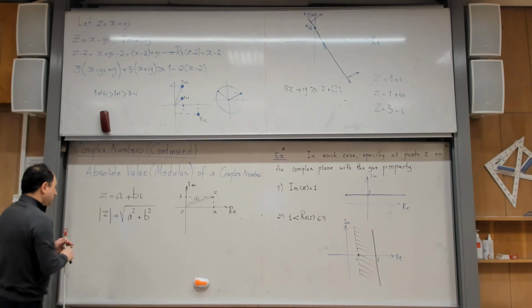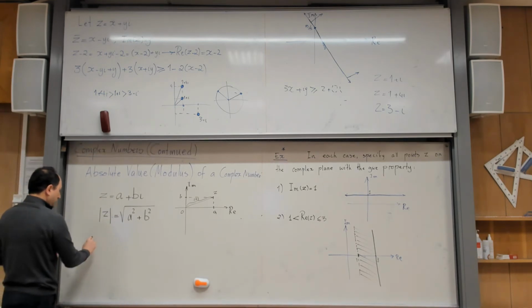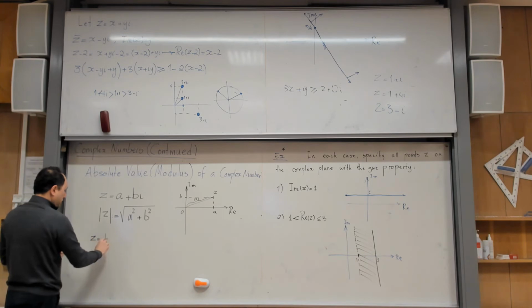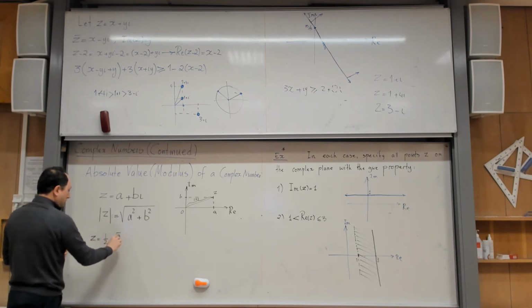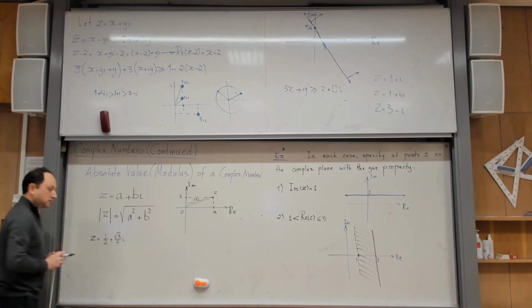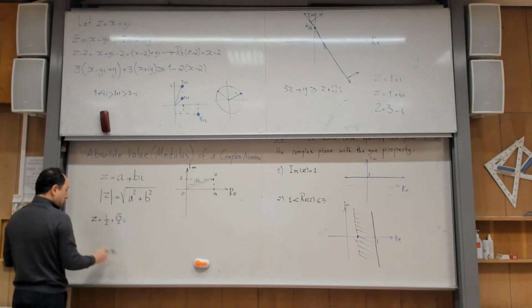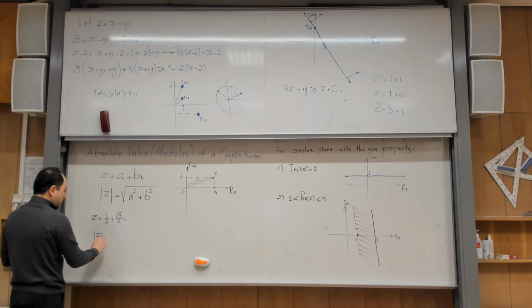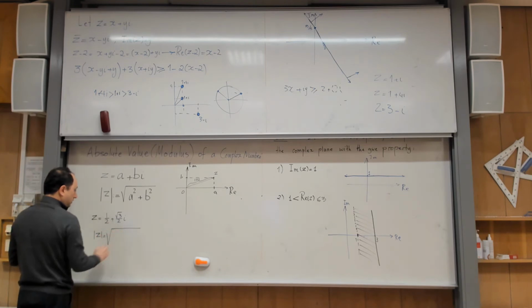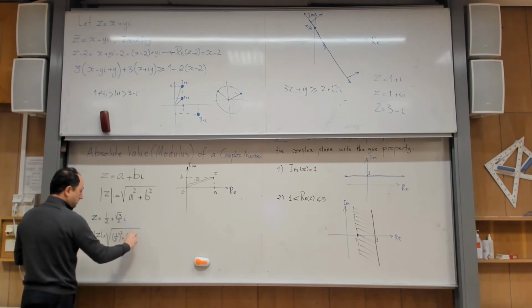For example, if I give you z equals 1 over 2 plus square root of 3 over 2 i, and I ask you to calculate the absolute value of z, it becomes equal to the square root of the real part squared plus the imaginary part squared.